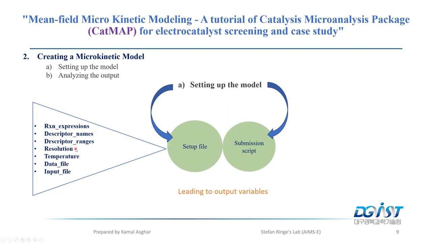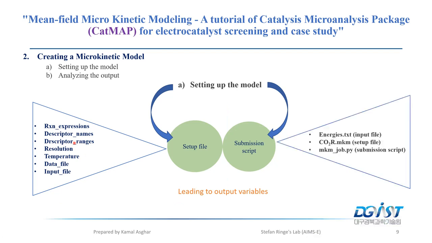As long as you increase the resolution, you will get good, beautiful data. The temperature, data file and input file are defined too, but how to define these things, you can follow the tutorials already given on the CatMAP tutorial website.